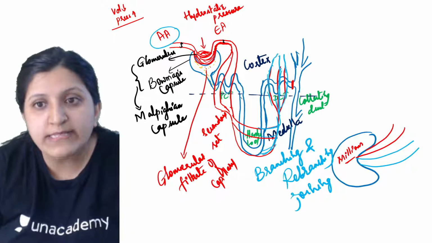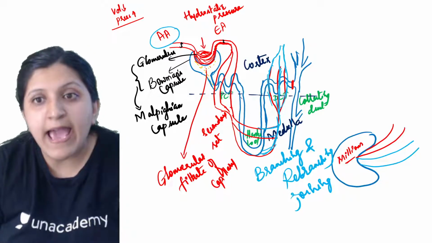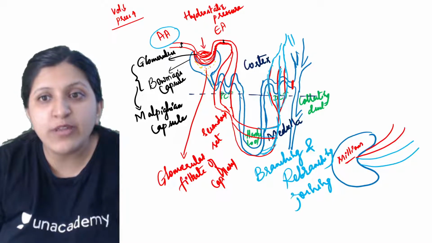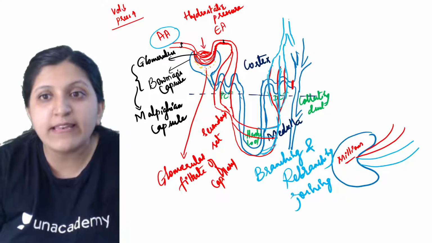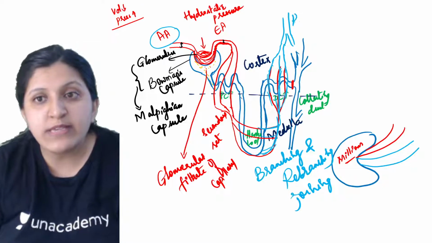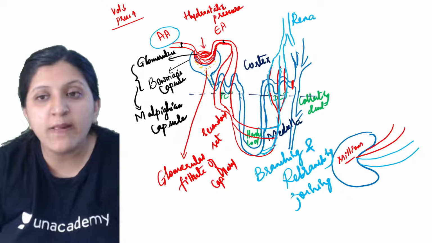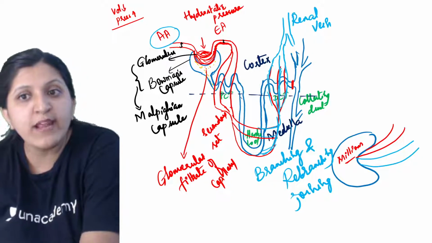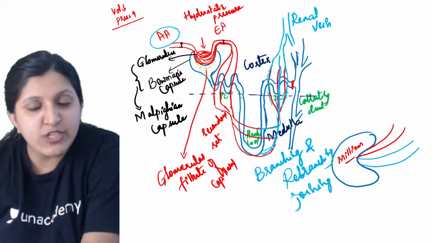Now all these capillaries will join and there is venule formation, and then vein formation. So this is now the renal vein which is going out of the kidney. From other nephrons also capillary joining is occurring.